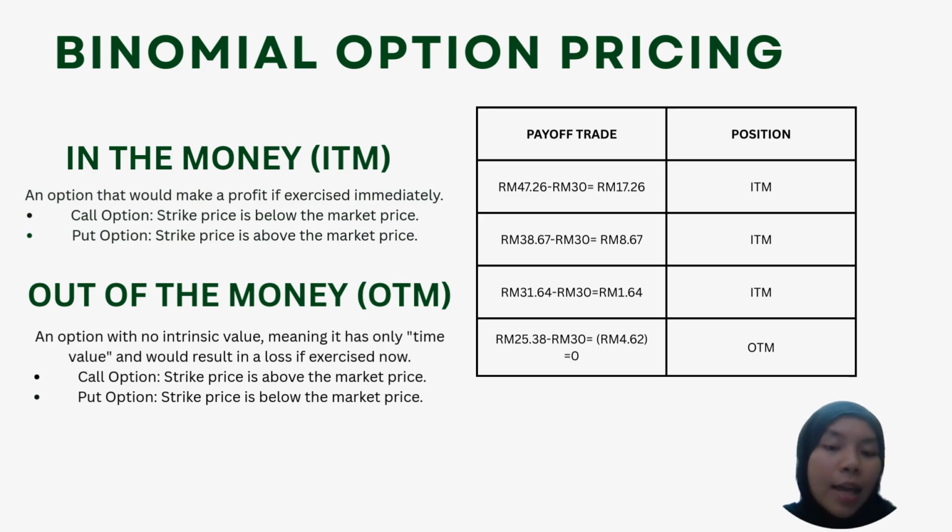And next is 31 ringgit and 64 cents minus 30, which equals 1 ringgit and 64 cents, also in the money. And last but not least, 25 ringgit and 38 cents minus 30, which equals negative 4 ringgit and 62 cents. This is equal to 0 because this position is out of the money.